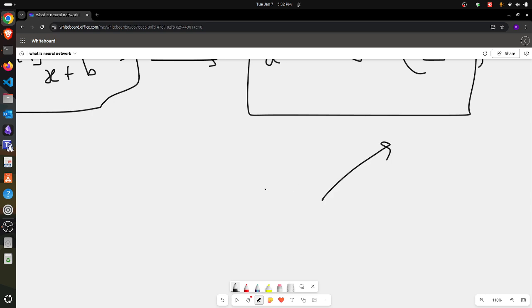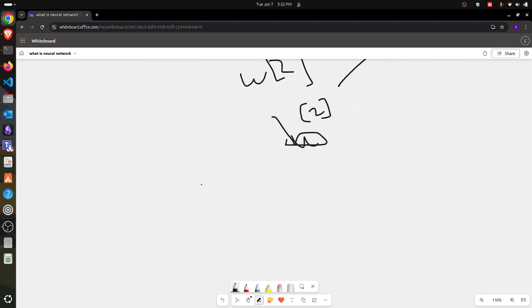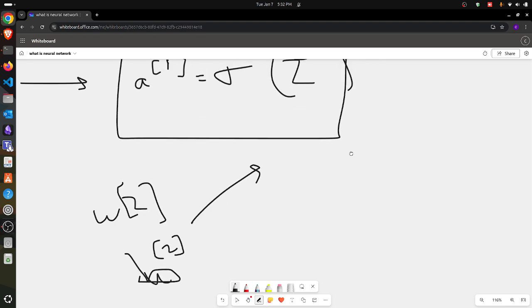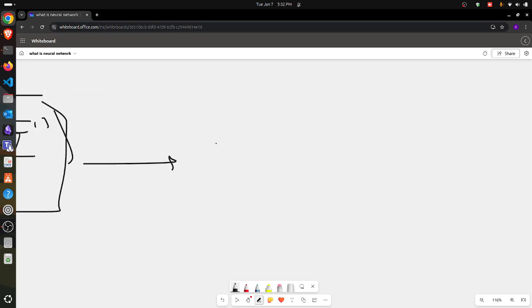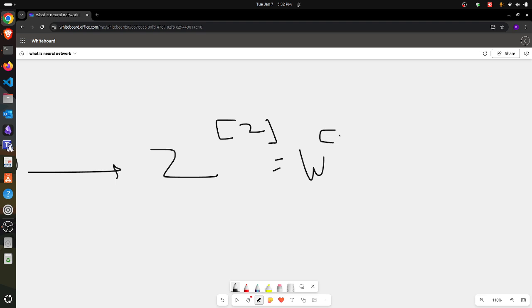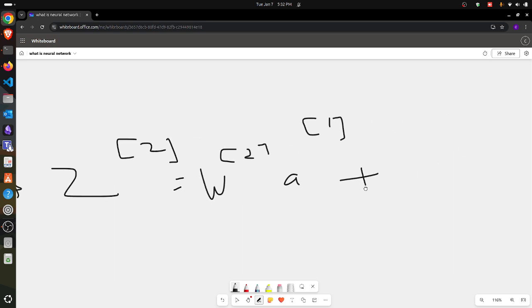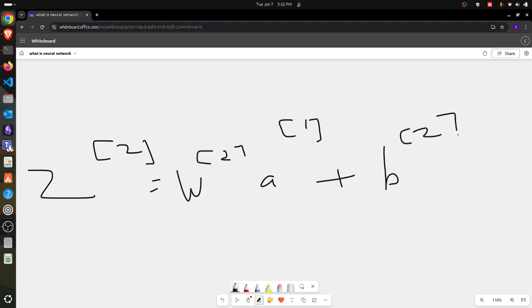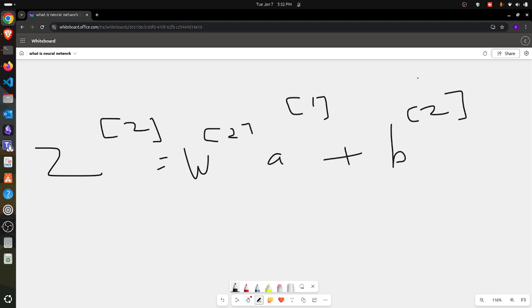And when we add these things to these, then we're going to get, let's write it in front of this thing, z2 is equal to w2 a1 plus b2, that's the whole thing.